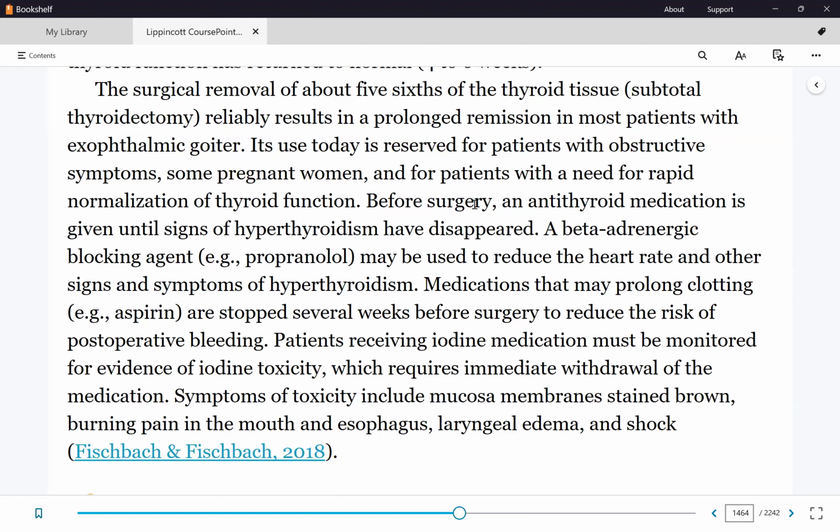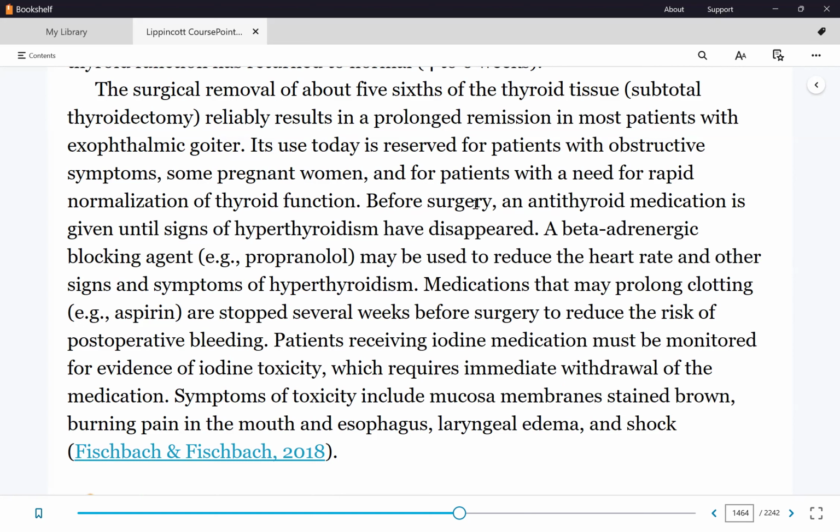Now, what will happen if you take it out in that state? The blood vessels are enlarged, blood flow is so high, and then you cut it out. What will happen? Bleeding, hemorrhage is guaranteed. So what do we do before we cut it out? We treat the patient first with iodine solutions or antithyroid drugs, whichever is an option.